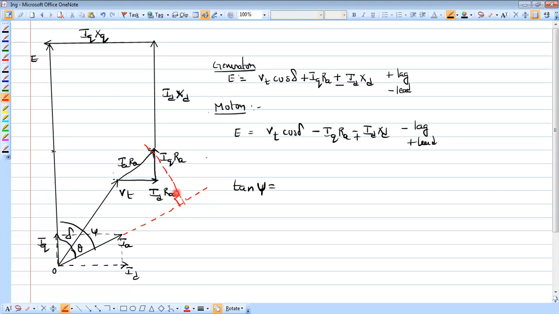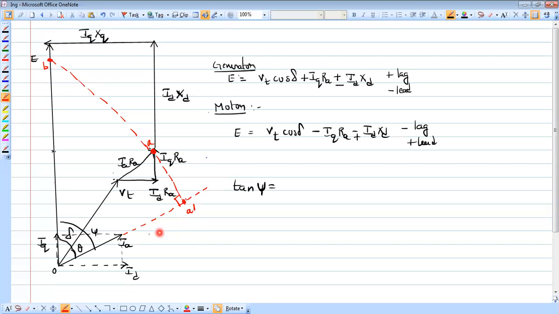So it is a perpendicular line. If you draw it like this, it will meet at some point over here. Let us take this point as B, this point as A, and this point as A dash.